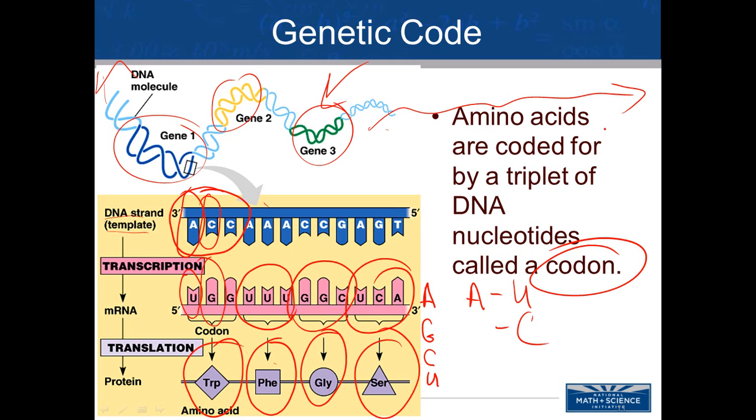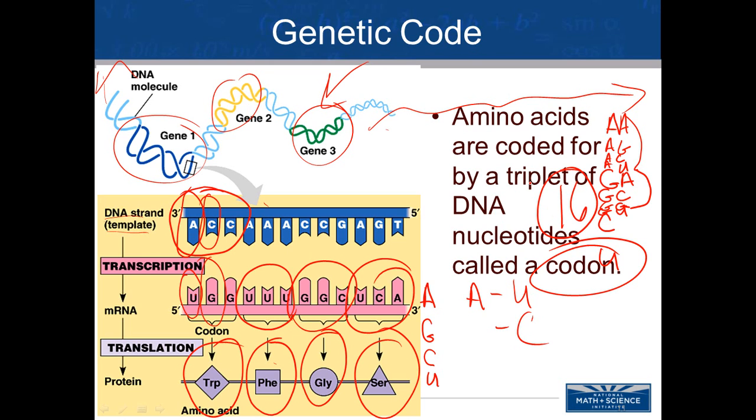If you use 2, here's your A, here's your G, here's your C, here's your U. You could have AA, AG, AC, and AU. You could have GA, GC, GG, and GU. You could continue on, and I'm going to tell you right now, you could get 16 different combinations. Now, here's the problem.